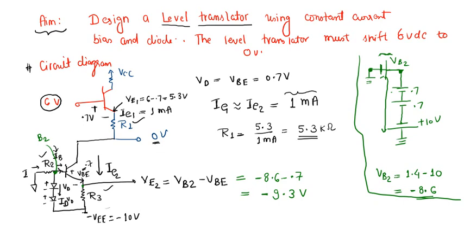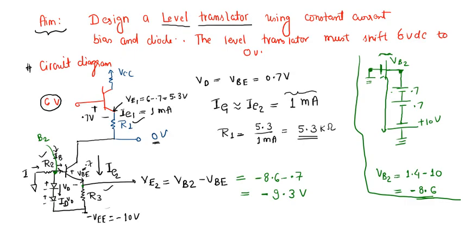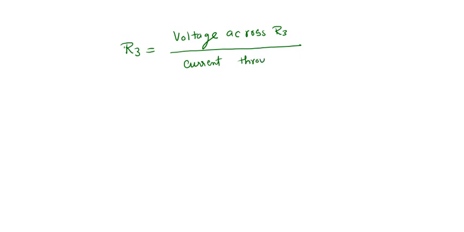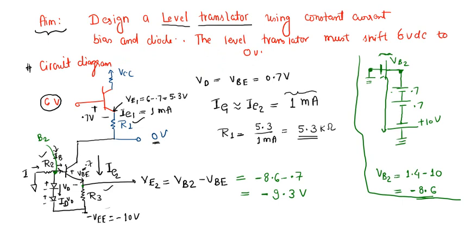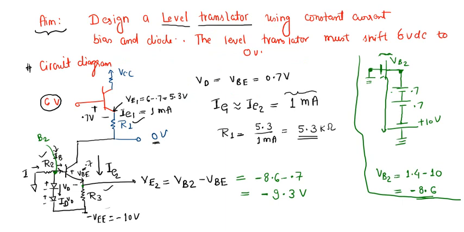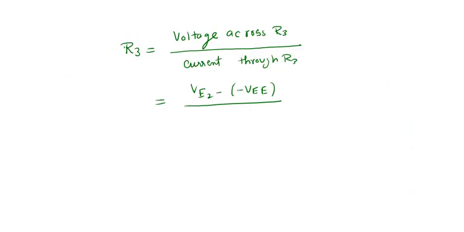So what should be the value of R3? R3 is voltage across R3 divided by current through R3, right? So voltage across R3 is VE2 minus VEE, and current through R3 is 1 milliampere, which we have assumed that we want.